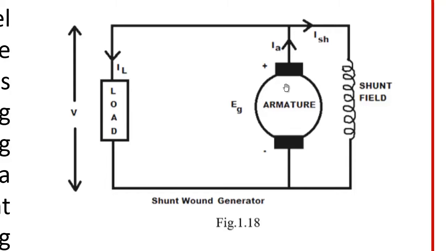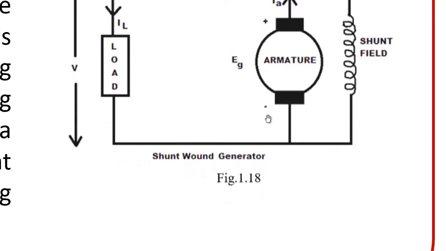Whatever current flows through the armature splits into two, one is the ISH, the other one is the load current. So, the armature current is the algebraic sum of the shunt field current and the load current IL. So, IA is equal to ISH plus IL.